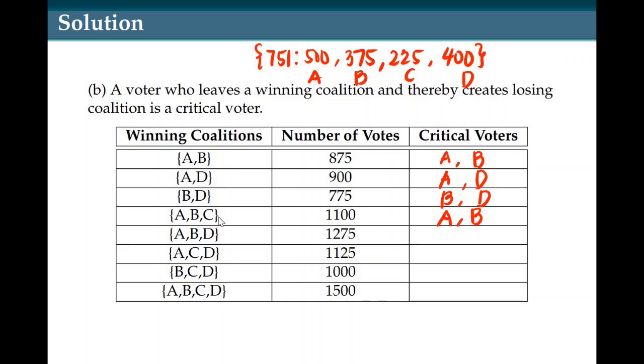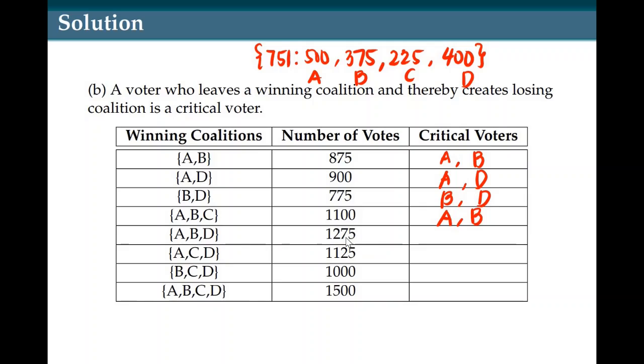But if voter C leaves the coalition, that is 1,100 minus 225, which gives us 875, and that is still greater than the quota. So voter C is not a critical voter.